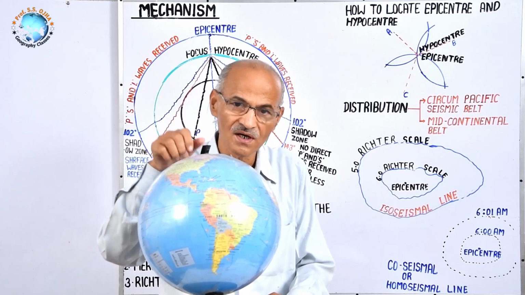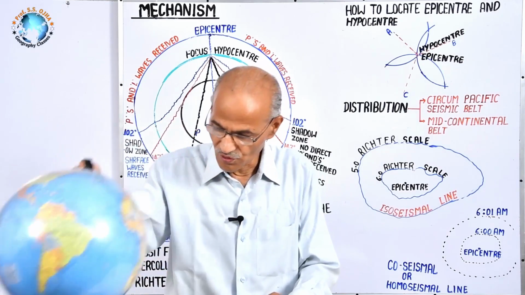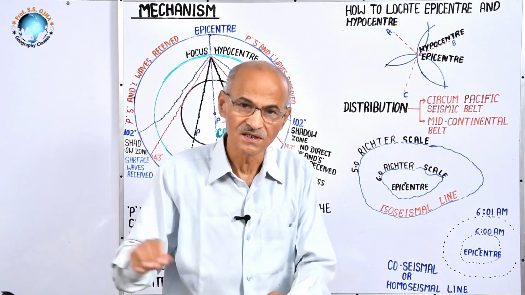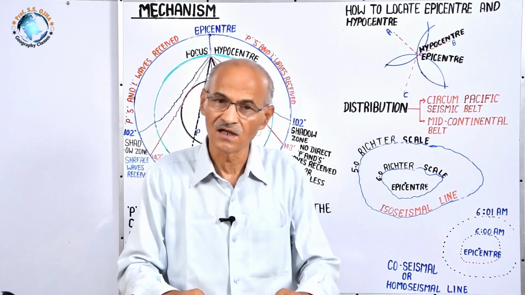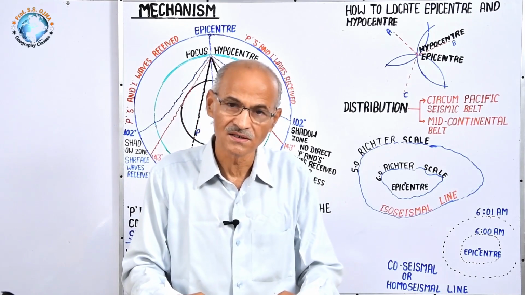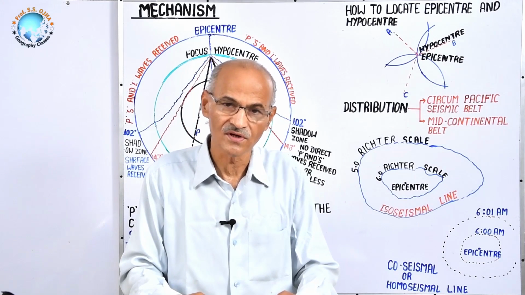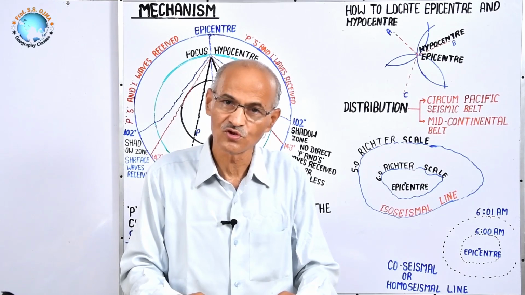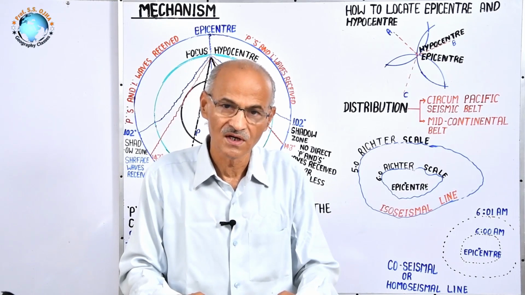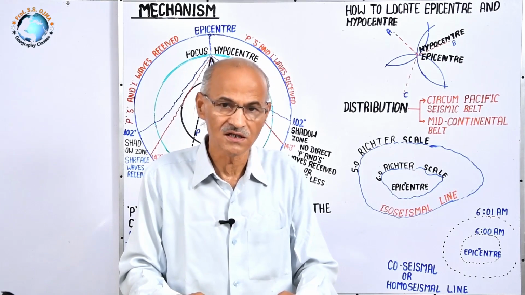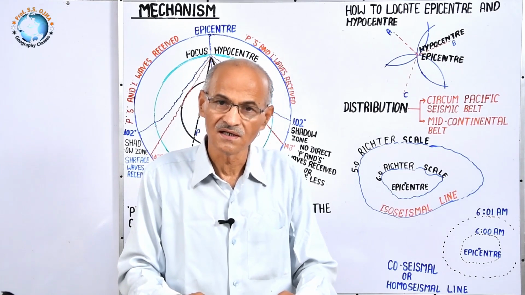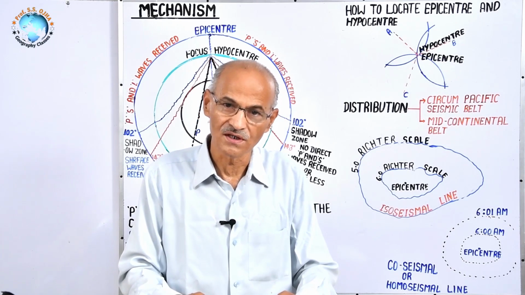If the time difference is known, the speed difference is also known. As you know, P waves are 40% faster than S waves. So, on the basis of time difference and speed difference, the distance can be calculated.